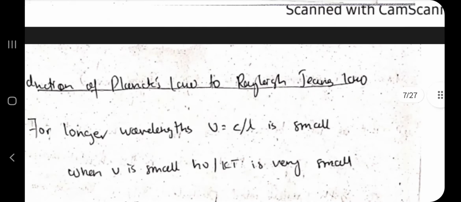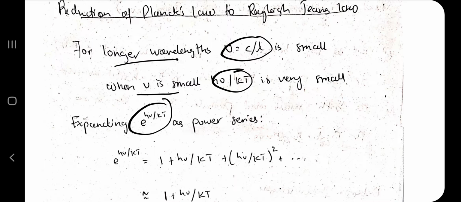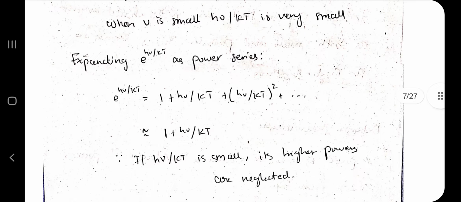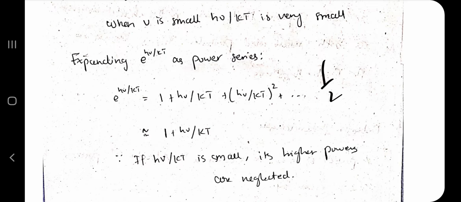We will do the same for this also. For longer wavelength, this is very small, so e to the power of a value close to 0 can be taken as equal to 1. The squares can also be ignored, because if this is a small value, its square will be much smaller, like 1 by 4 is smaller than 1 by 2.